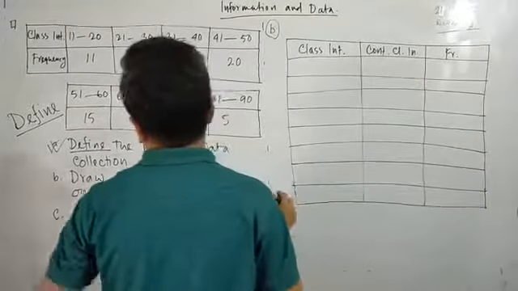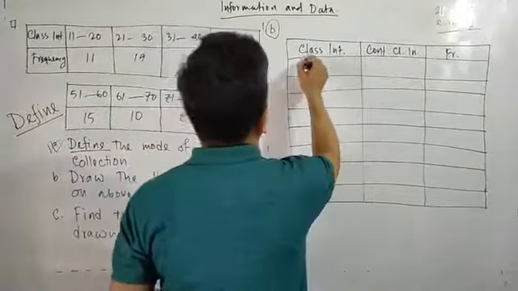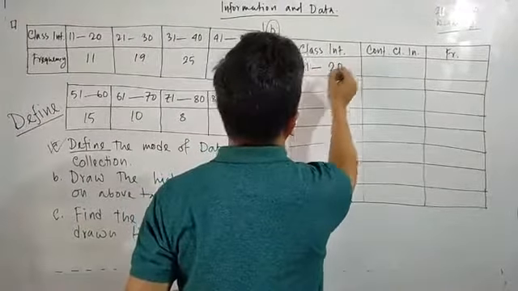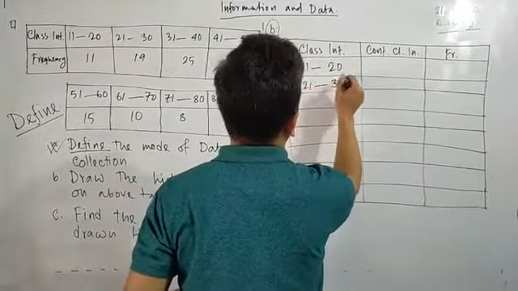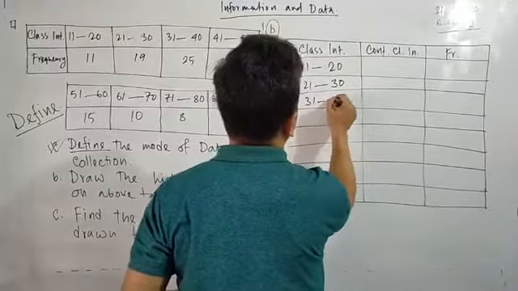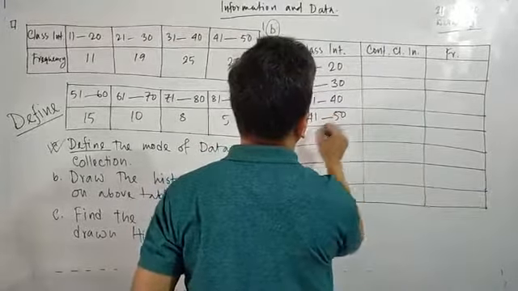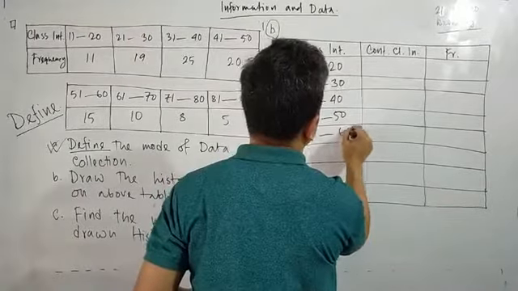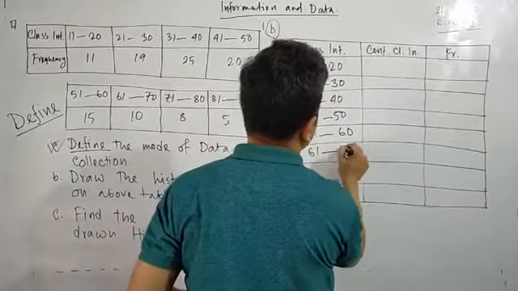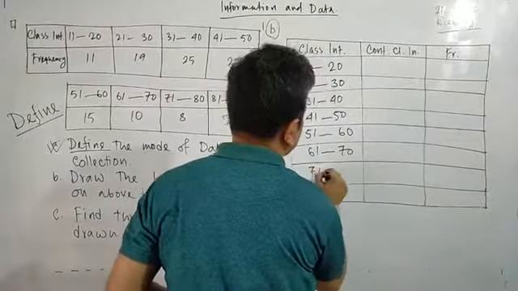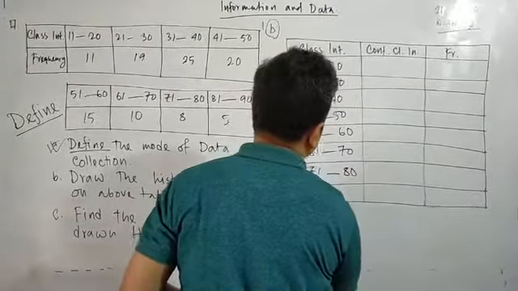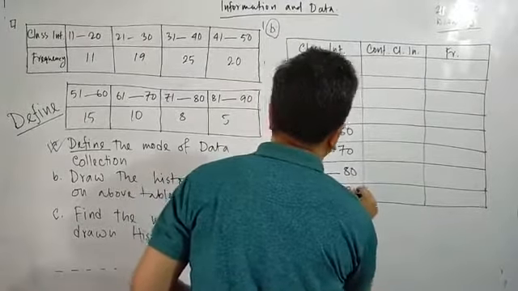Look at that here, 11 to 20, 21 to 30, 31 to 40, 41 to 50, 51 to 60, 61 to 70, 71 to 80, 81 to 90.